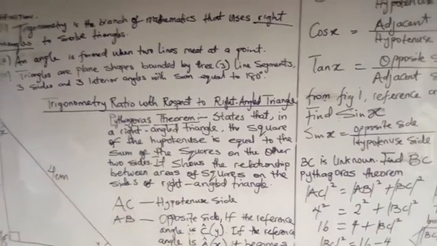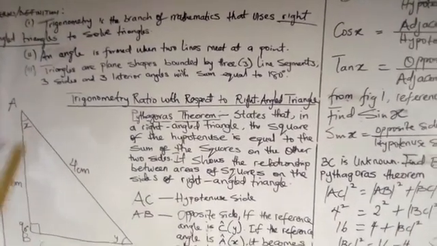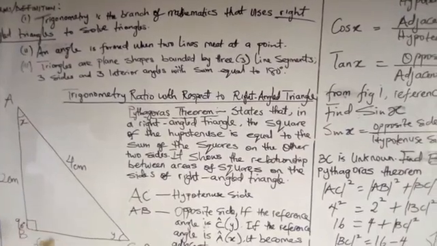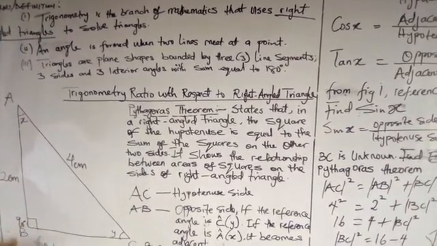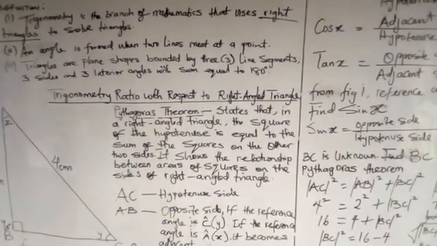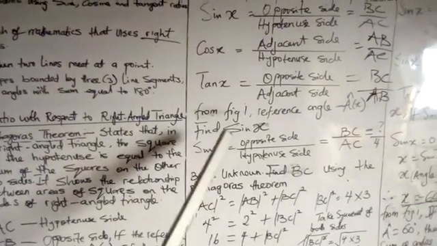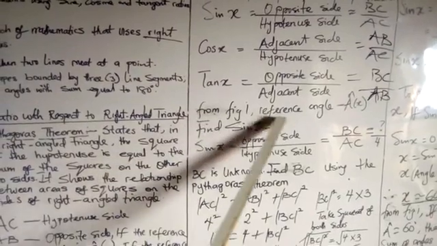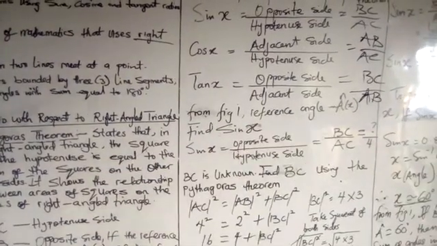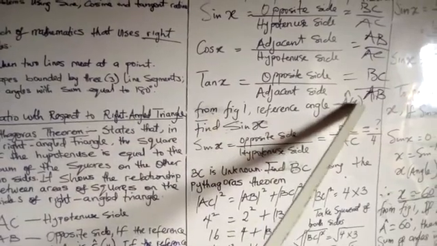You are to consider the other two angles, X and Y. The angle 90 at B is sacrosanct, so you don't use that as a reference. You only use the two remaining angles as reference. So this is figure 1, reference angle A, which is angle X.